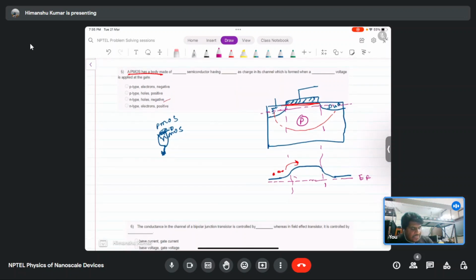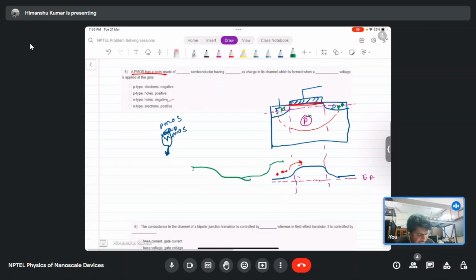Similarly, for the PMOS case, the source and drain regions will be doped P type, and the channel will be N type. If you draw the same band diagram, it will look like this: the conduction band and the valence band. From here to here, the holes will feel a barrier.